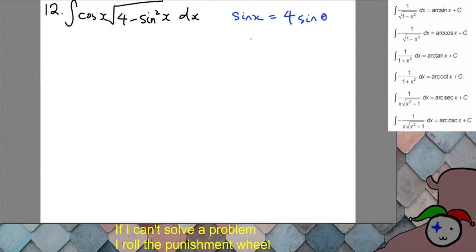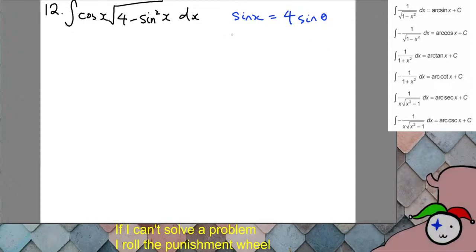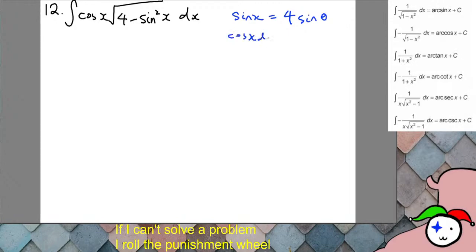So x equals 4 theta? No, it's not that simple. So x would be arc sine of 4 sine theta. Yeah. So in this case, cos of x dx equals 4 cos theta d theta.